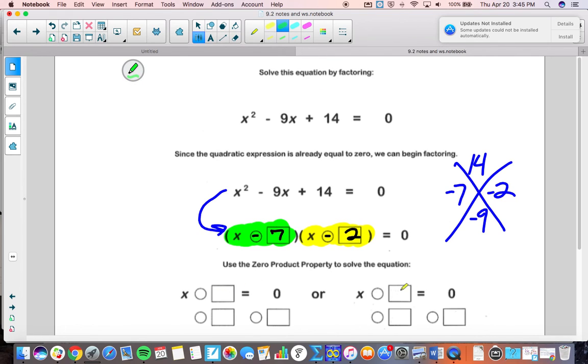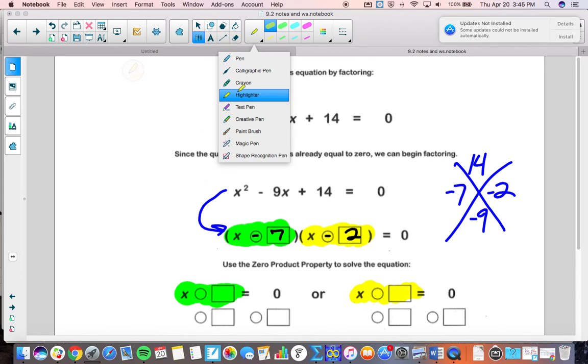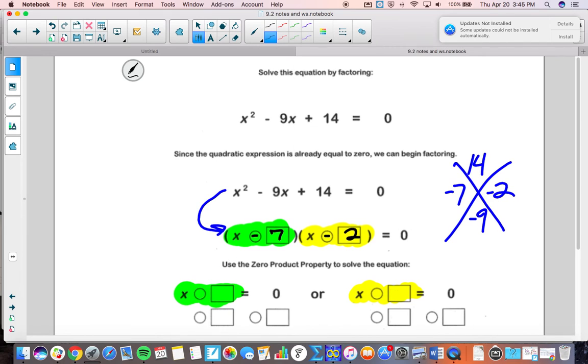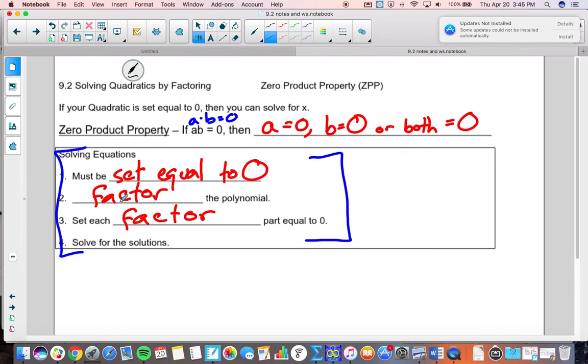So take one of the factors and set it equal to 0. And take the other factor and set it equal to 0. So x minus 7 equals 0. X minus 2 equals 0. So I've just set each factor part equal to 0.